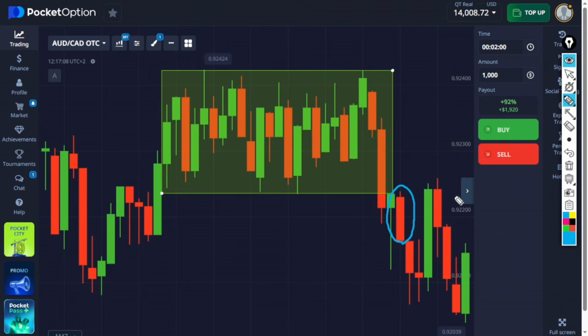A nice bearish candle closure with a small upper wick and no lower wick. This is far more convincing. So on this candle right here, because we've got that nice closure and continuation of bearish momentum to the downside, we can look to open a trade. So we've got that breakout below the consolidation zone and that candle closure. We've got the confirmations we need.